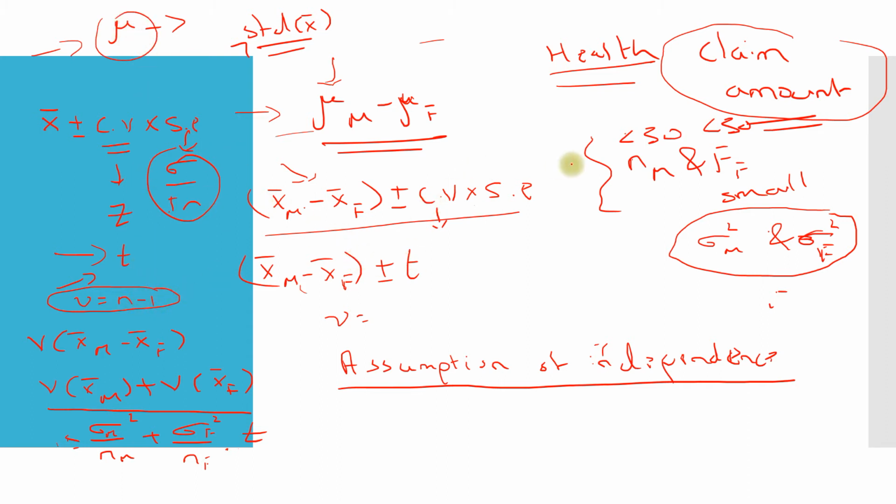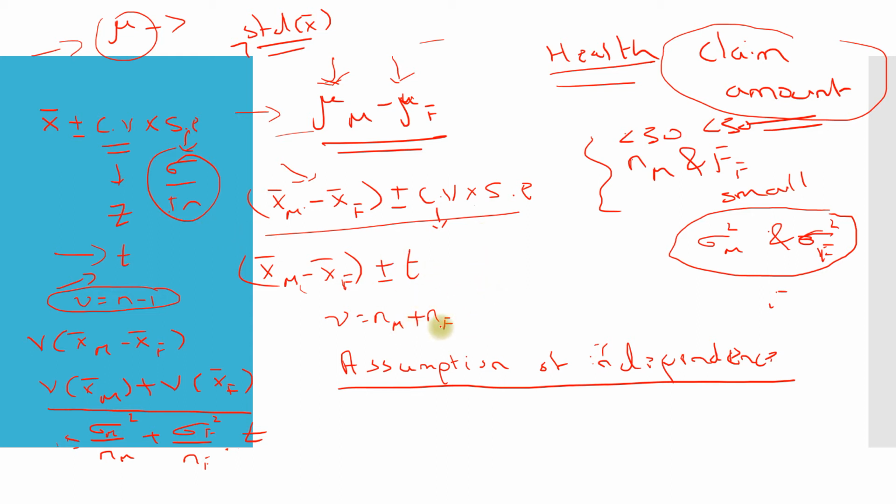But here, because you are estimating two parameters, you need x bar m and x bar f to estimate mu m and mu f separately. Because you have an estimation over two parameters, your sample size would be represented by nm plus nf, because you have two samples now, it's not n.